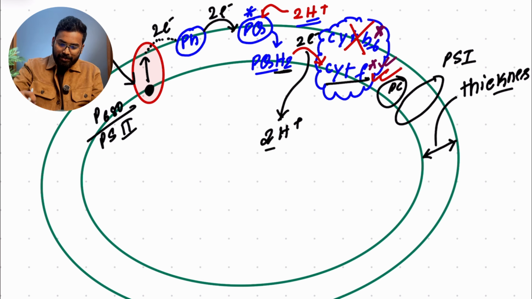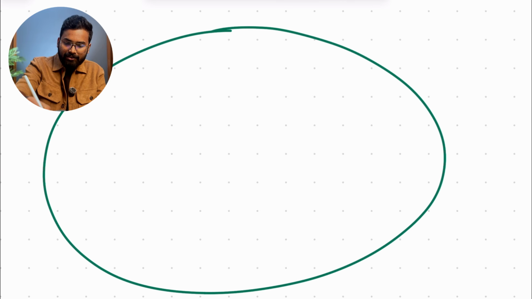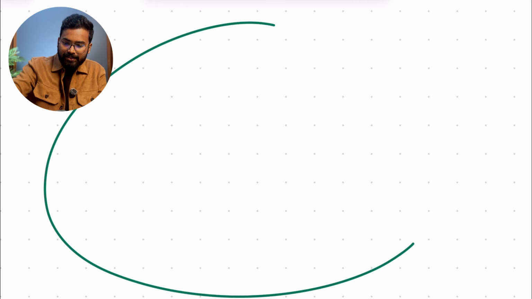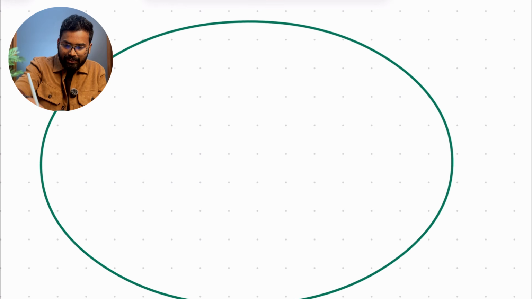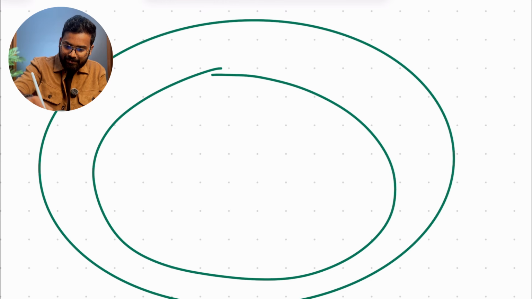If I explain this again, remember it like this. This here is a thylakoid. Say this one is a thylakoid, and remember thylakoid has a single membrane, and the entire part here represents the thickness.